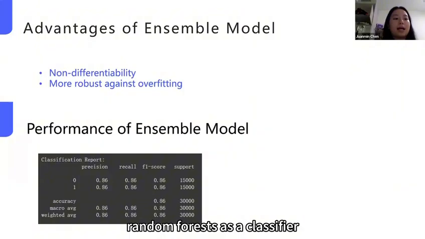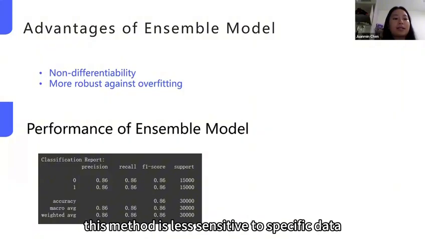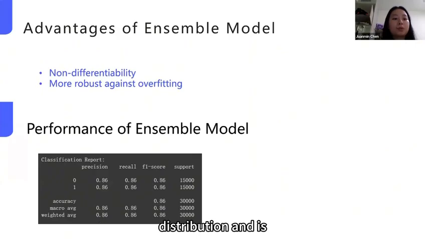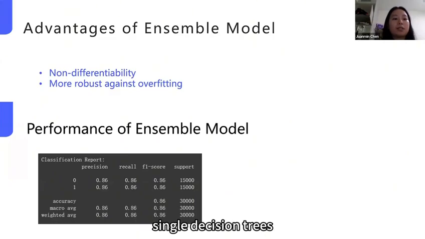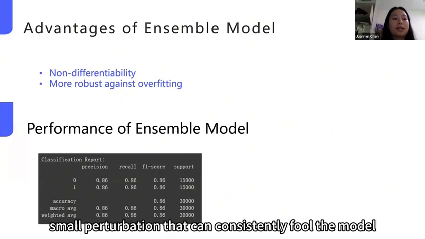Random forest as a classifier is less sensitive to specific data distribution and is more robust against overfitting compared to traditional single decision trees, making it difficult for attackers to generate a small perturbation that can consistently fool the model.